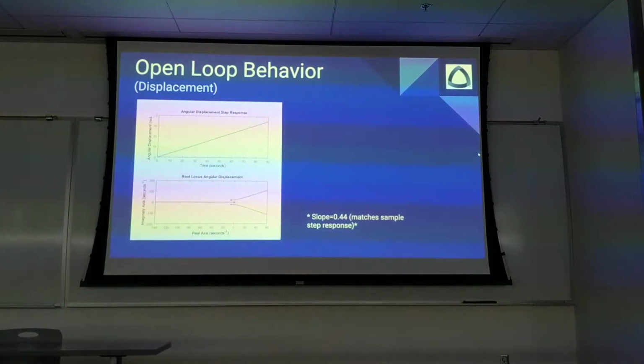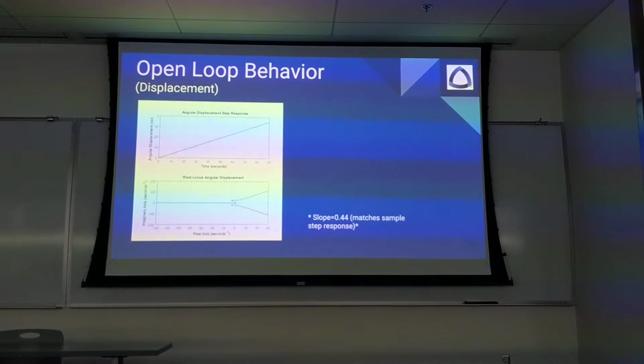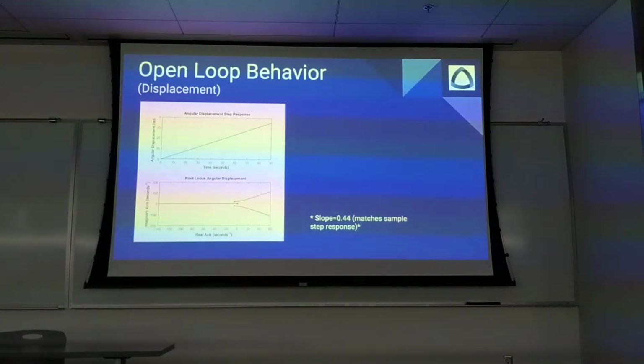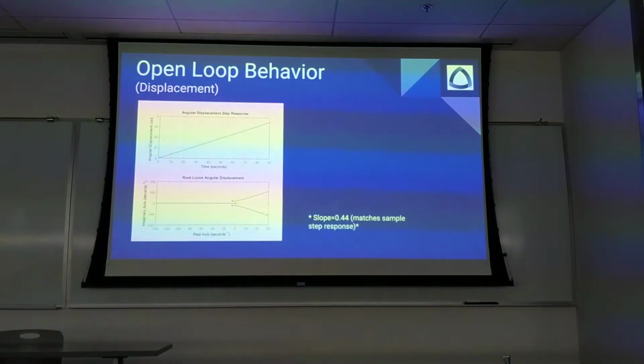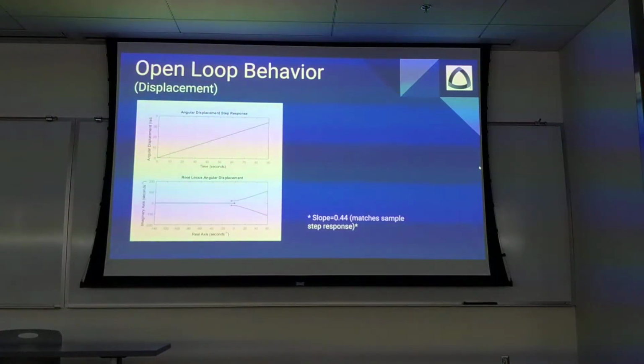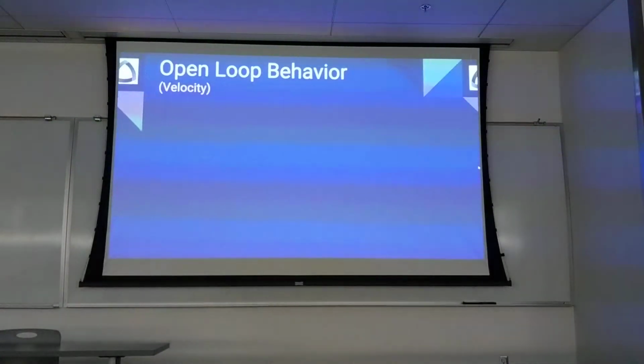In turn, we also plotted the root locus for the angular displacement step response, and it is good to note that the slope of our angular displacement step response matches the step response given in the prompt.